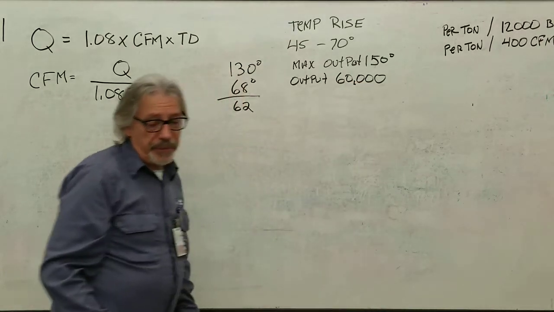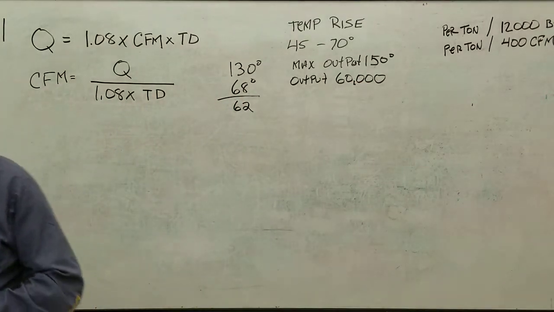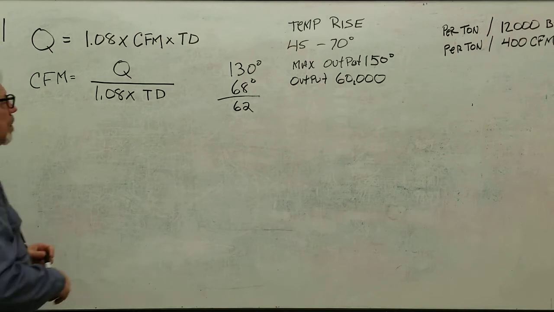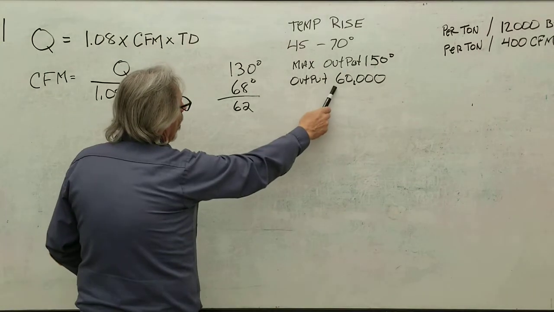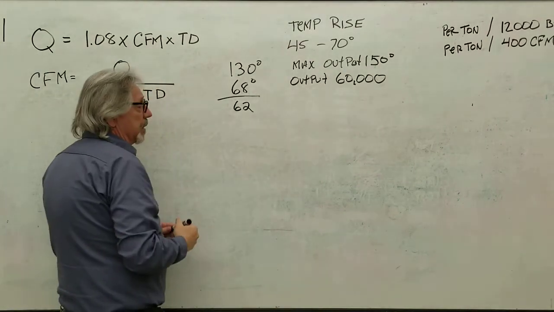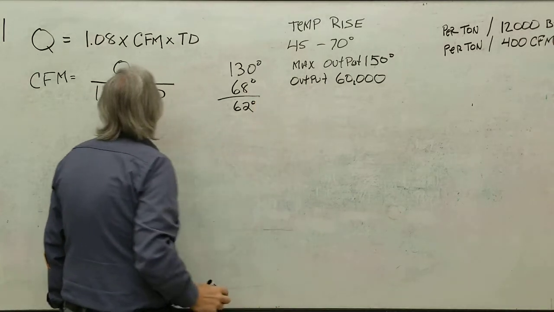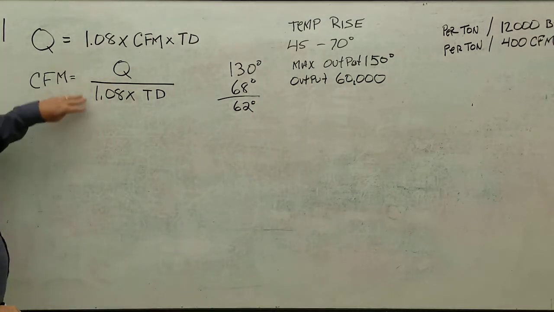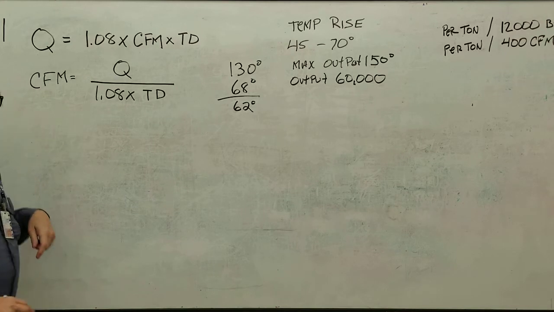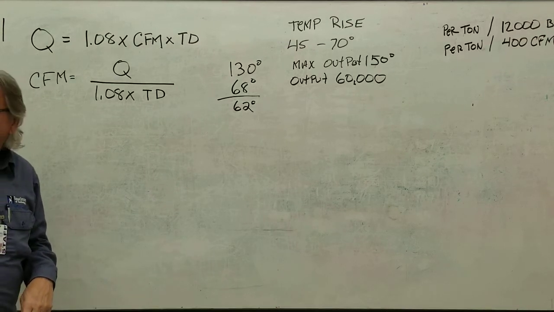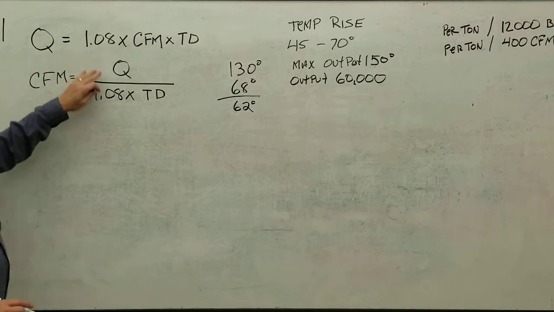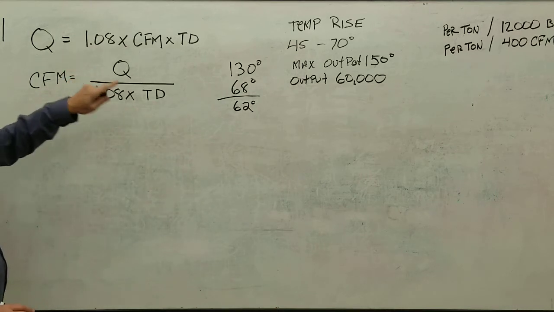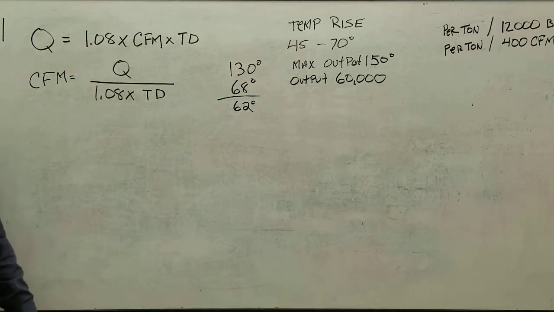If we know what our BTU is, and we know what our temperature difference is, we can plug that into one of these formulas, especially this one, because we're looking for CFM. So the total heat is 60,000 BTUs.